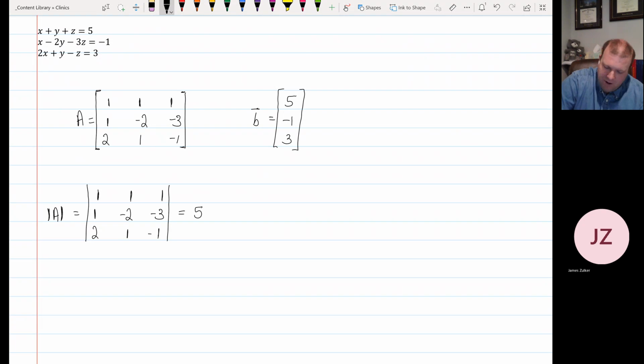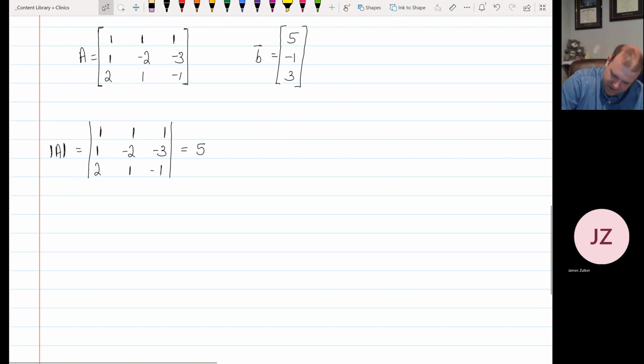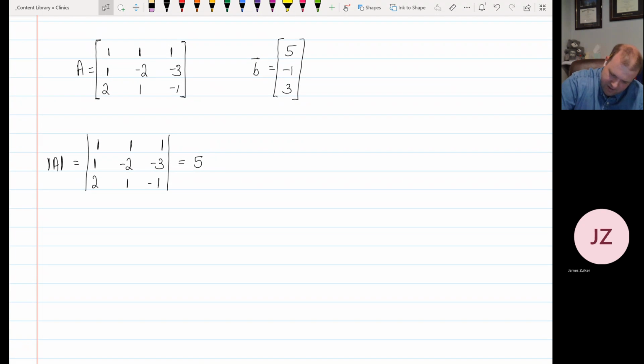Now let's do A1, A2, and A3. Remember, we take the first column of A and replace it by B. You can calculate that determinant to be 20.